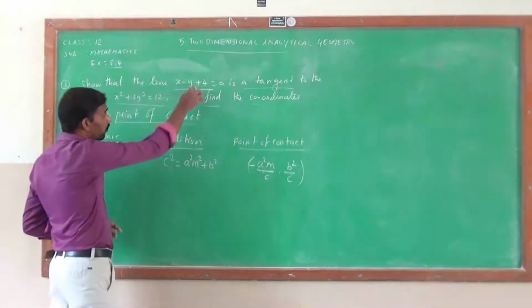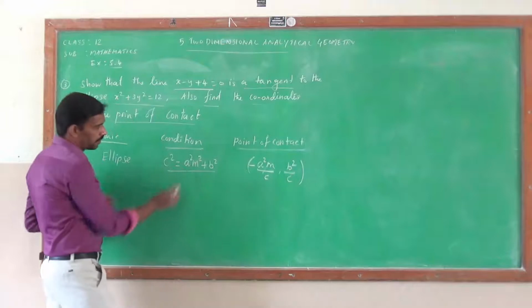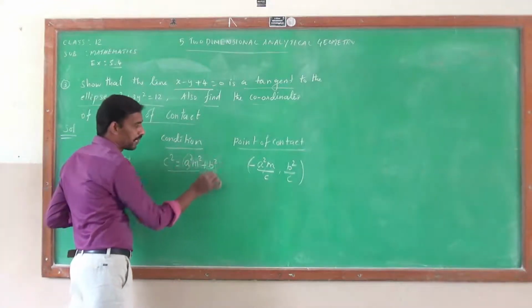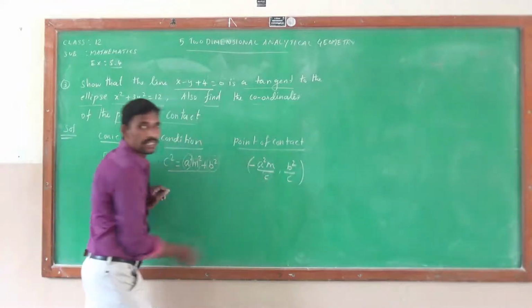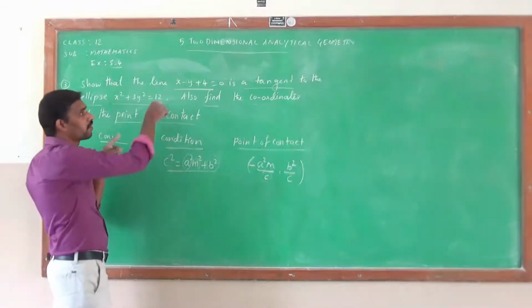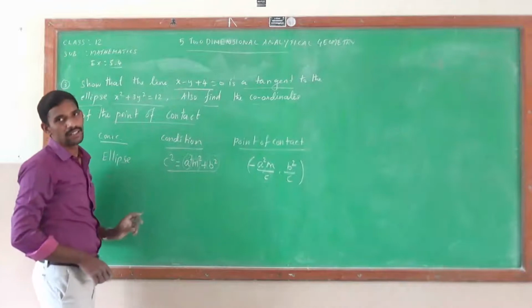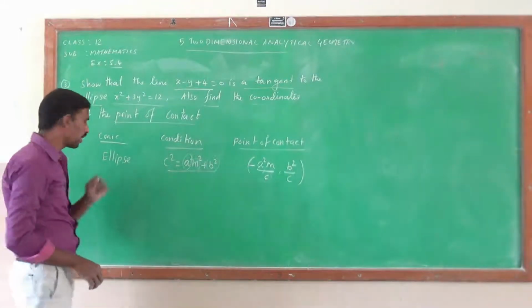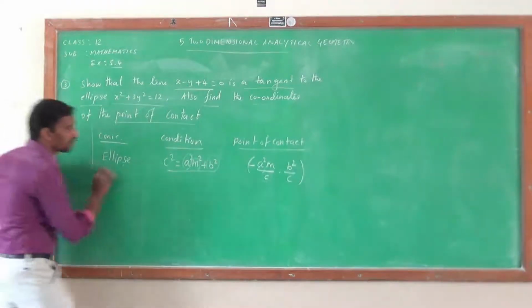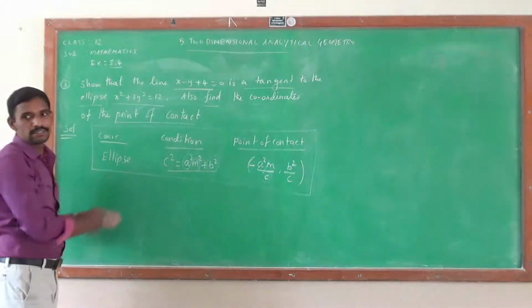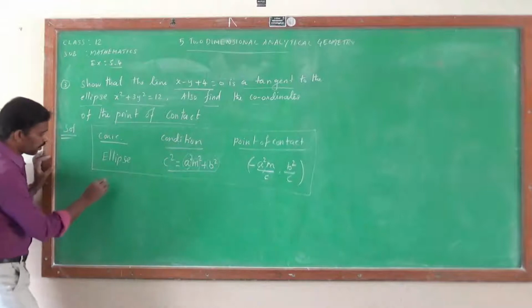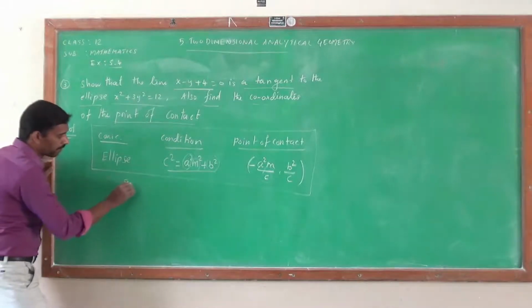Now what is required is a square, b square and m, and then c also is required. So you want to find them using the given line and the given ellipse. Now the solution. Knowing this makes it easy to solve. Now the given line equation.